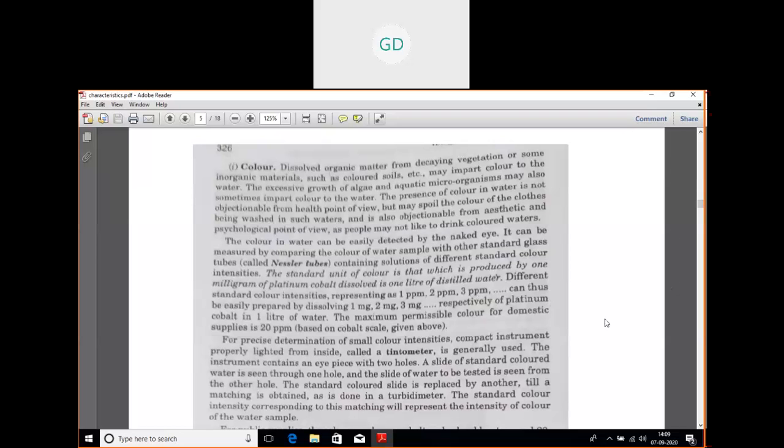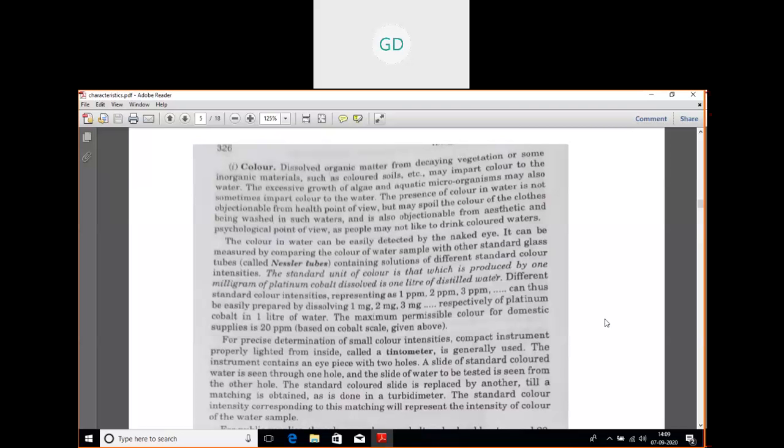So what you need to do is see your sample, whatever sample you have with you, and compare its color with the Nessler's tubes. Suppose both the colors match, then you will get to know how much intensity of color is present in your sample.